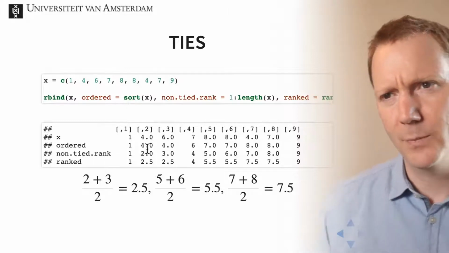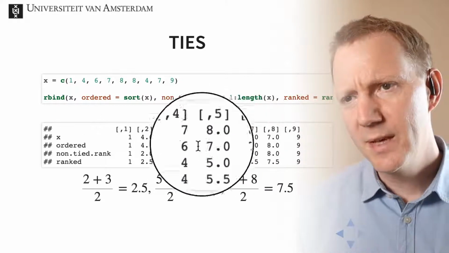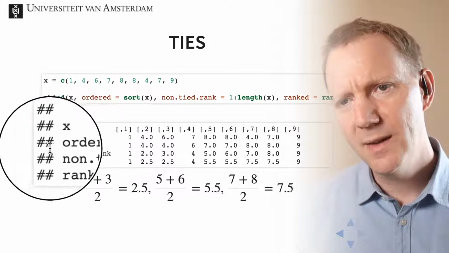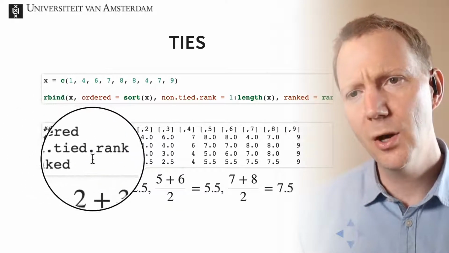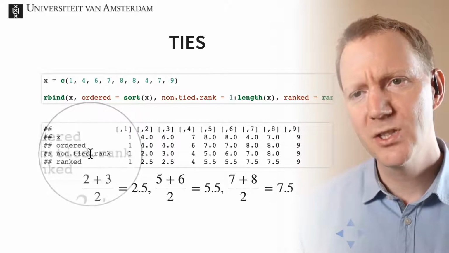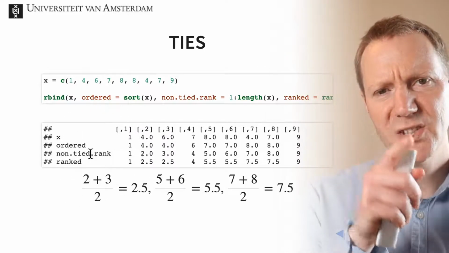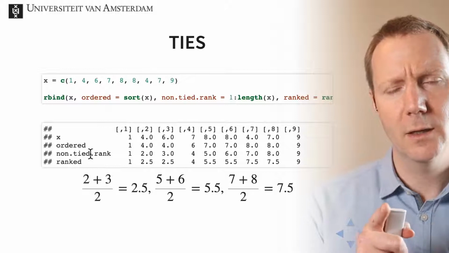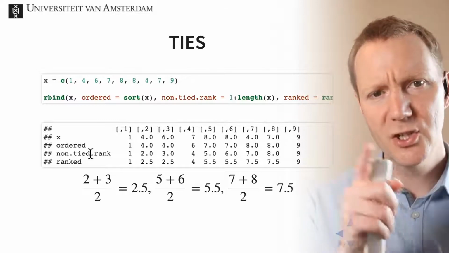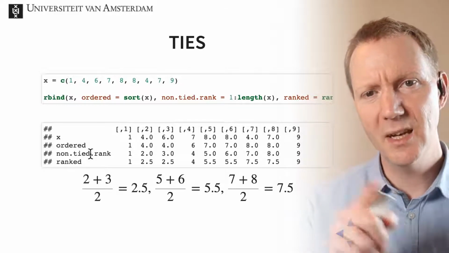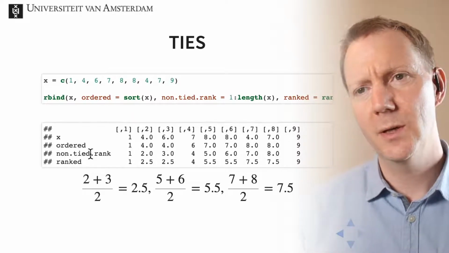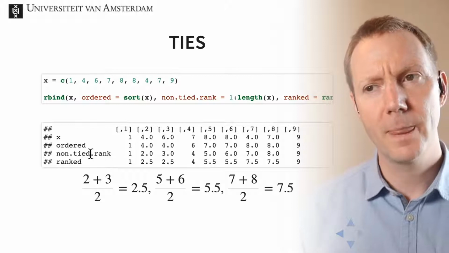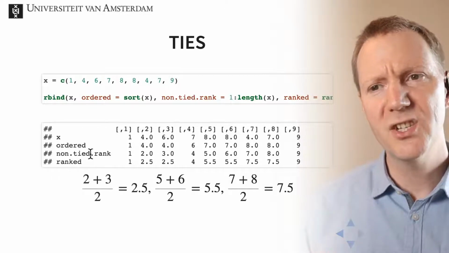Okay. Now the next step is that, based on the order that we just created, we are going to make a non-tied ranking. So we are going to assign integers in ascending order, starting at 1, going to the number of observations that we have.